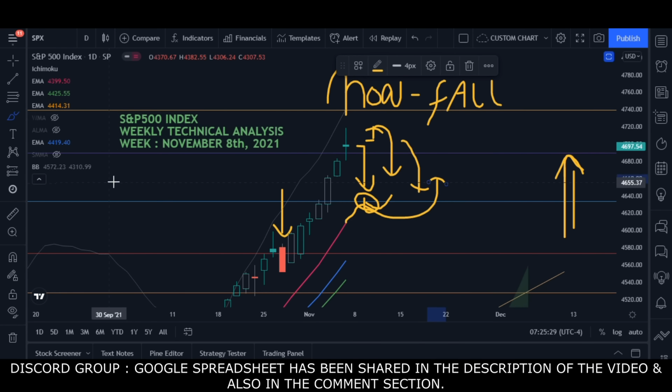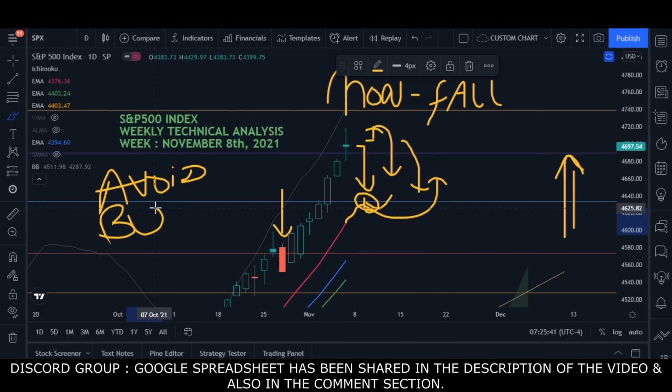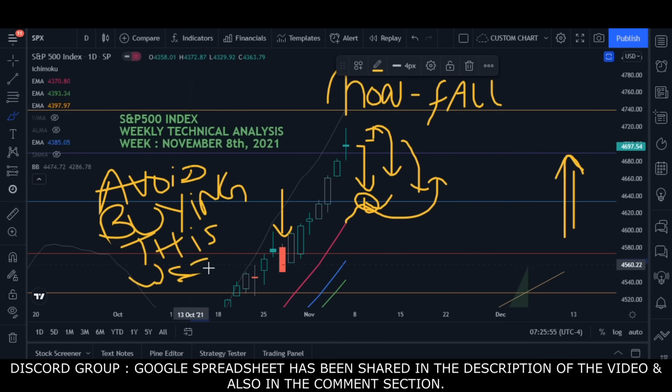So my advice is that you should avoid buying on dips in this particular week, because the market is very high. You can buy only if the market comes down and holds up, and the divergence that we have seen comes down.